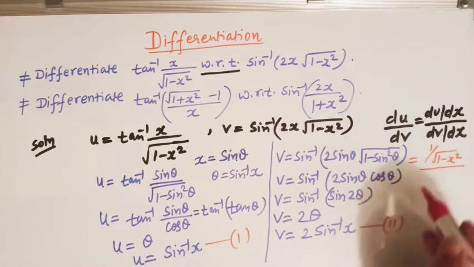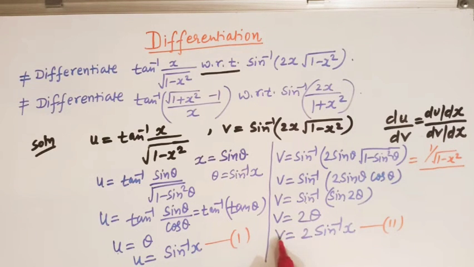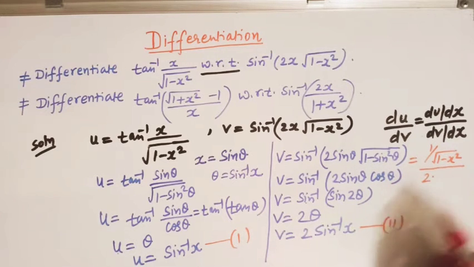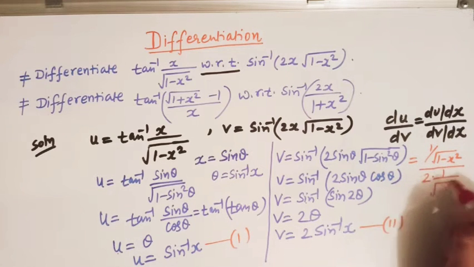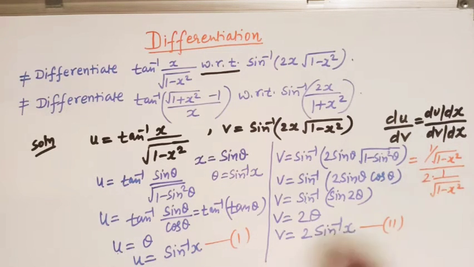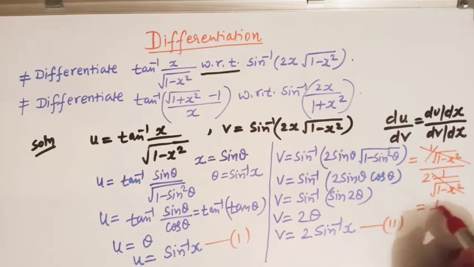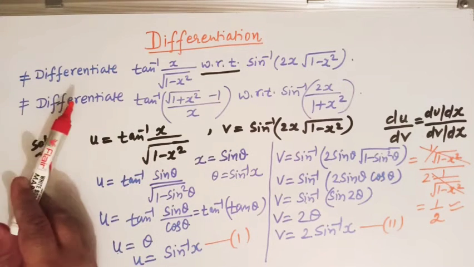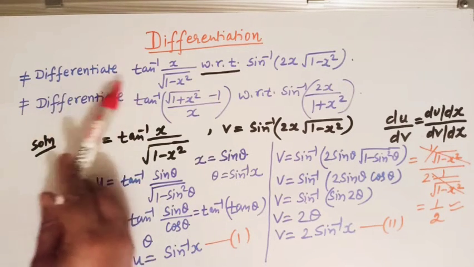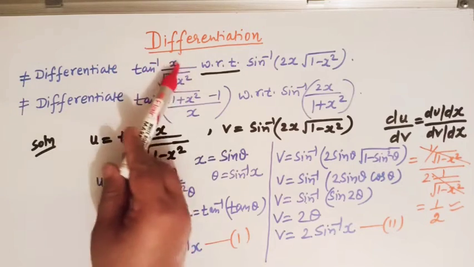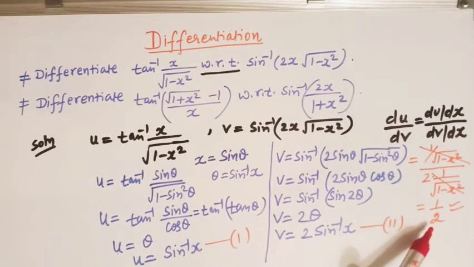Now divided by dv over dx. So we'll find the derivative here. So we have 2 times the derivative of sine inverse x, which is 1 over square root of 1 minus x square. So this gets cancelled. So here we have 1 over 2, right? So therefore we have seen that the derivative of this function with respect to this function is half. Okay.